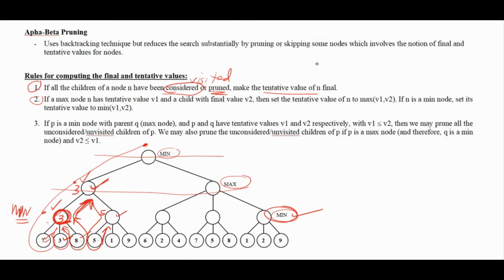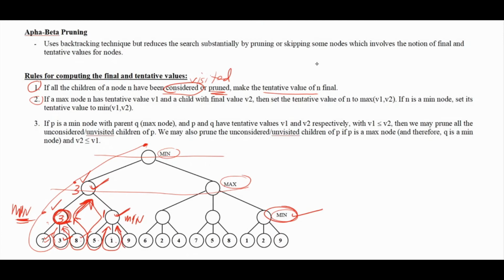And then we go down to this leaf with evaluation value 1, and then we update the value of this node by getting the minimum, since this is a min node, between 5 and 1. The minimum is 1, therefore, the new tentative value now of this node is 1.